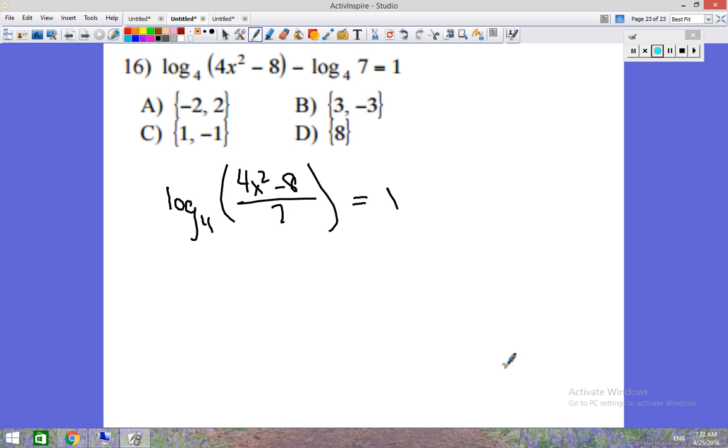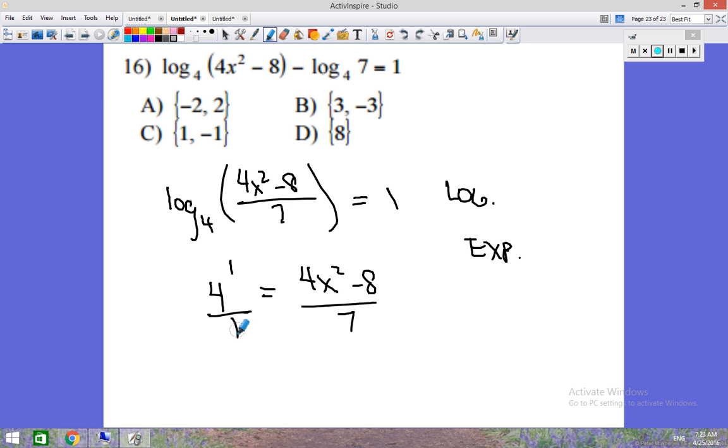Alright. This is in log form. We want to rewrite it in exponential form. This 4 is the base. It has the logarithm equals the exponent, so this base of 4 has an exponent of 1, and that equals 4x squared minus 8 over 7.